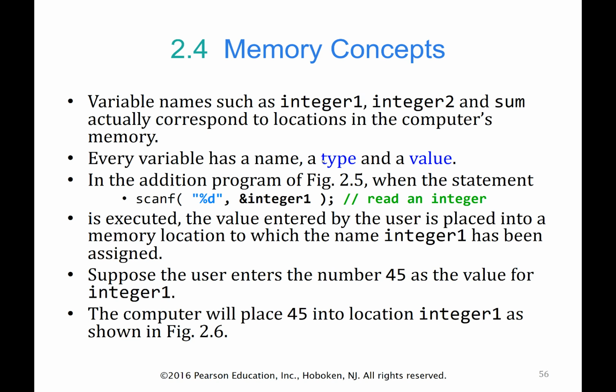So, a type. We have lots of types in C. So far, we've only used one, and that is int, which is integer. We have float, which is a floating point number, which has decimal points. We have char, which is a letter, but it can also be used as a number.